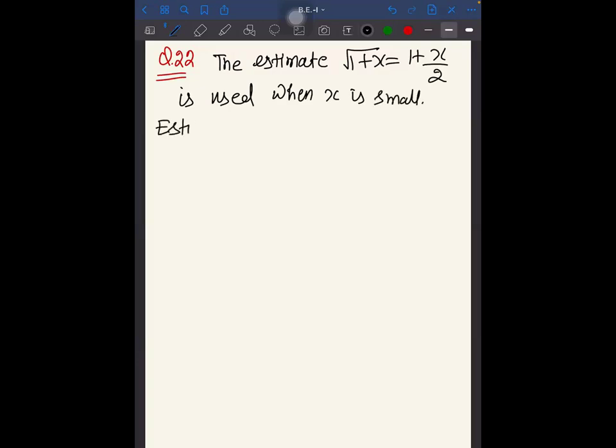So the same kind of nature is there as in the previous question. We are asked the same thing, to estimate the error. Estimate the error when the value of x is given to you, that your x cannot go beyond 0.01 mod x, right? So can anybody tell me what is the series of this root of 1 plus x?